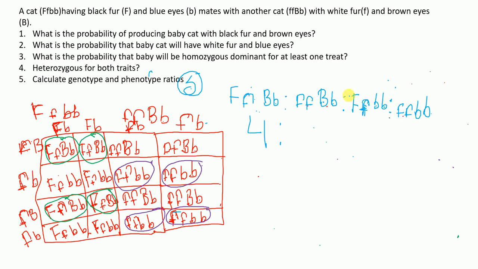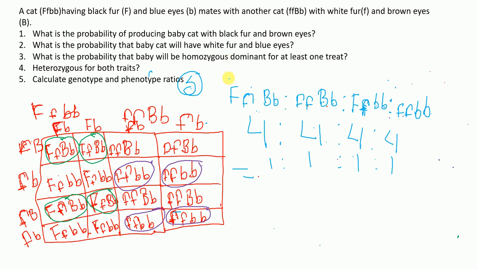If you count in the table, there are a total of 4 cases for this one, and for this one also there are 4 cases. So basically the ratio is 1:1:1:1. So this is the genotype ratio.